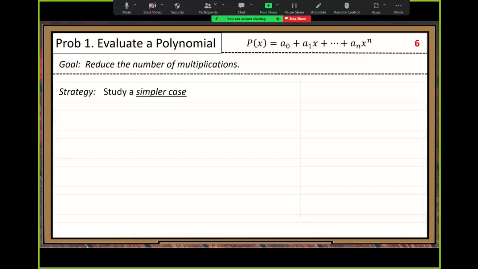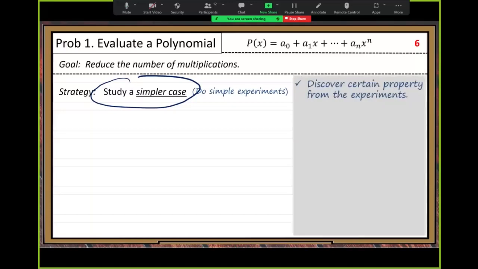The strategy, when we try to work on the how part, how to improve the multiplication part: study a simpler case. Do simple experiments, as we did before. Work on the simplest possible data to get some experience.